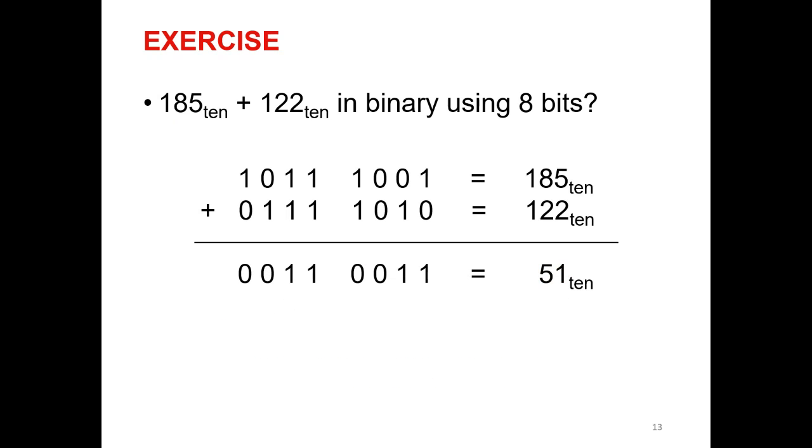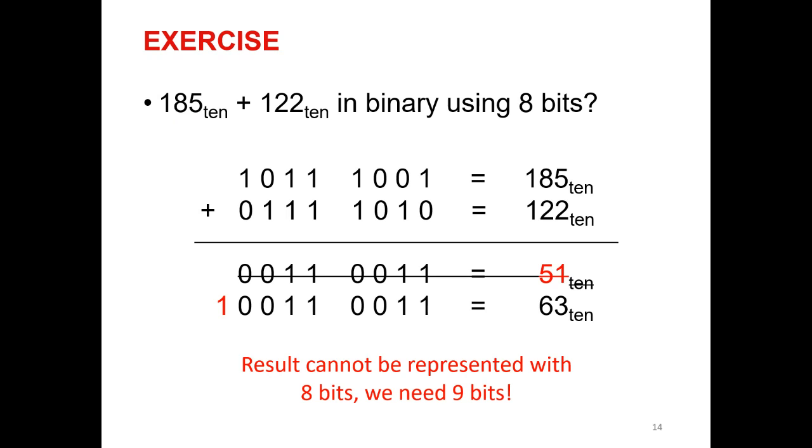The problem is that if we check it with the decimal value, the correct result is this one, not the one I get. This is what I wanted to highlight here. If we use 8 bits, as I was requesting in the exercise, we cannot represent this value correctly. Using the 8 bits, the result for this operation will be that one, but it's not correct because we cannot represent the output of this operation with only 8 bits.